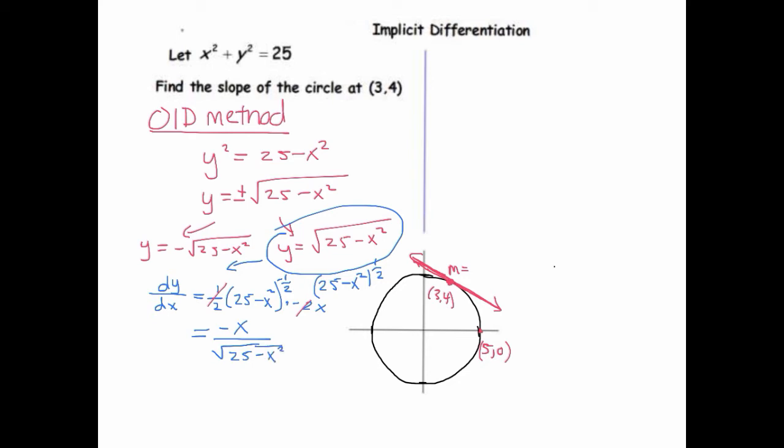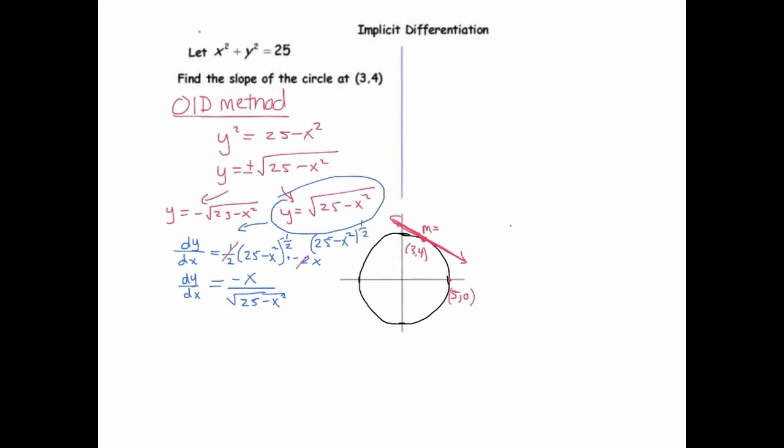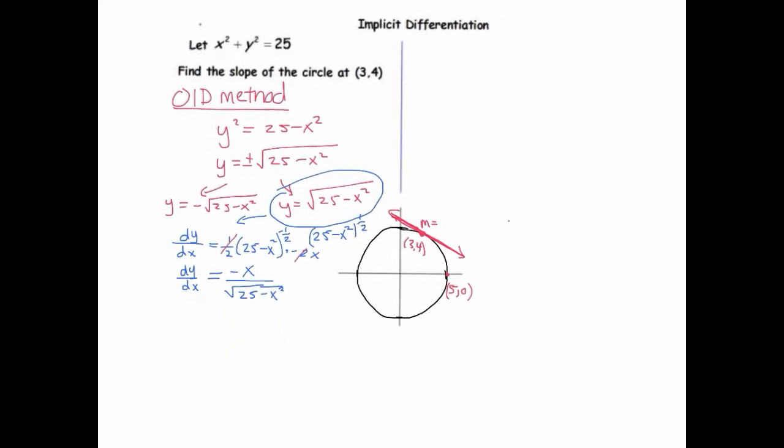So there's dy/dx. That's an equation that gives us the derivative of the top half of the circle. It'll give us the tangent line to any point that's on the top half of the circle.